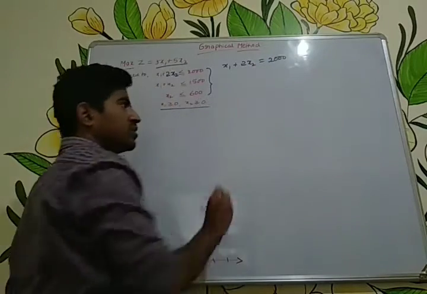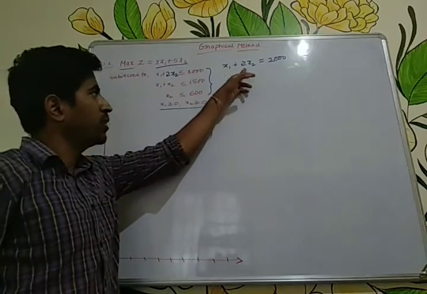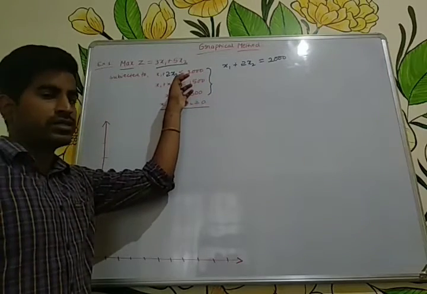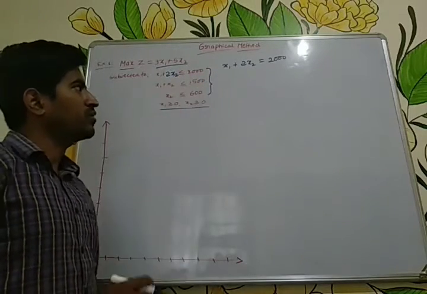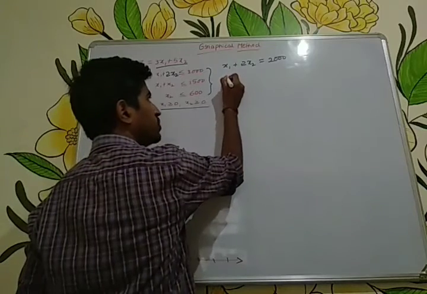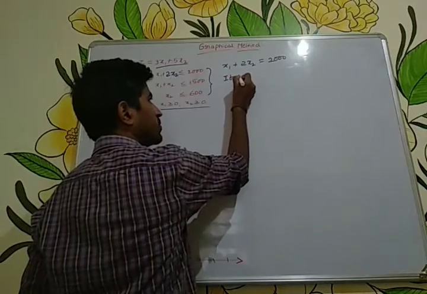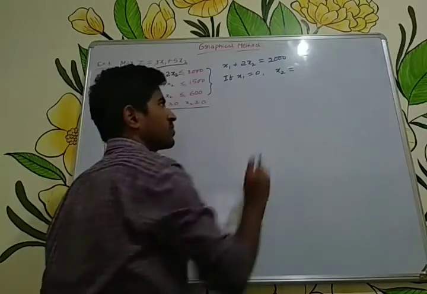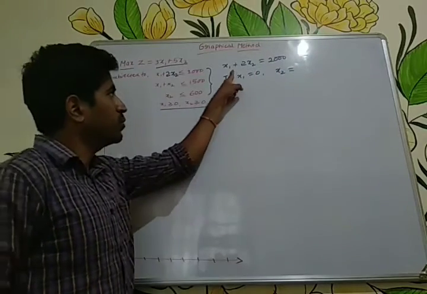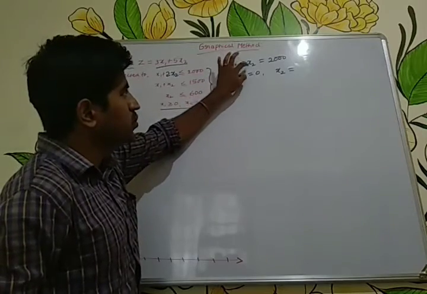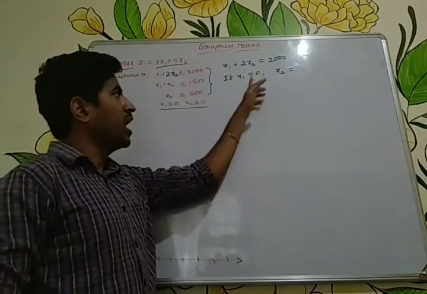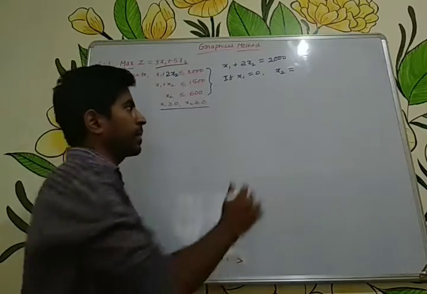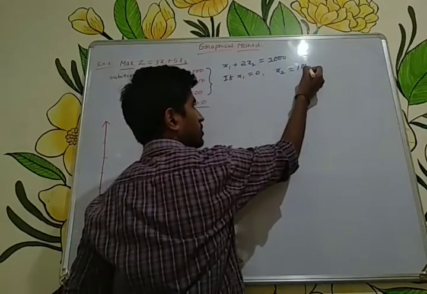This is one equation I have made from the inequality conditions. Next, let us put x1 equal to 0 and get the value of x2. If I put x1 equal to 0, then 2x2 is equal to 2000 and x2 is equal to 1000.